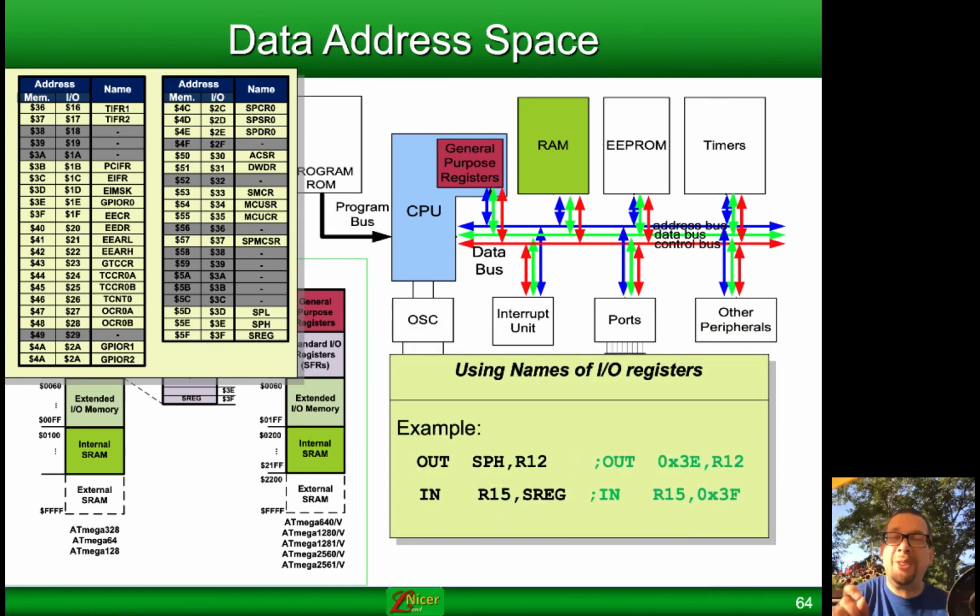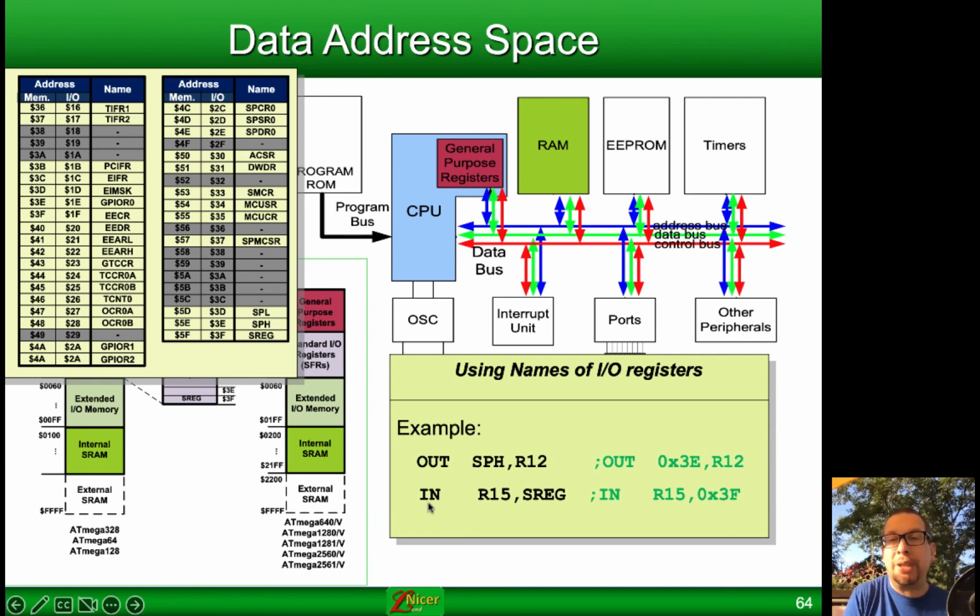All right, we can also use their names depending on your assembler or compiler, but they basically all support them. So what we do is we say, for instance, if we want to take the contents of R12 and place it into the SPH register, we would say out SPH, comma R12, and that would take the contents of R12 and put it into the SPH register.